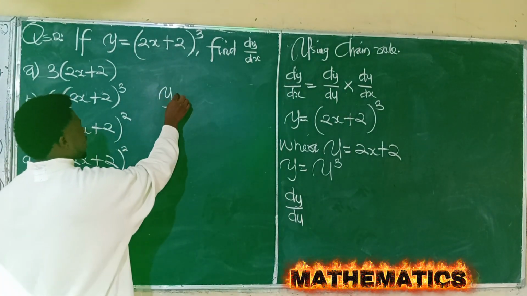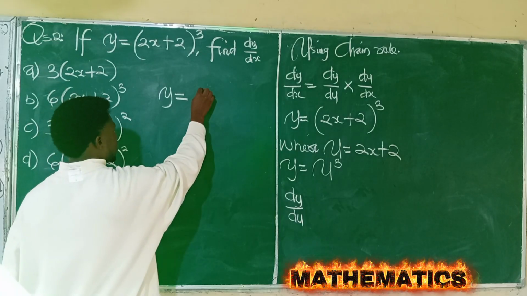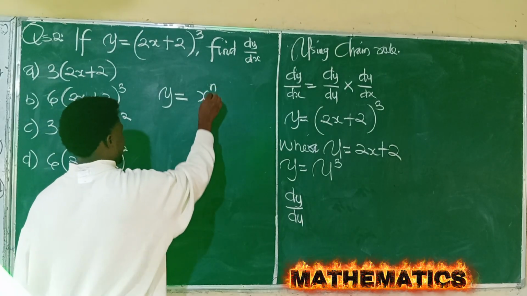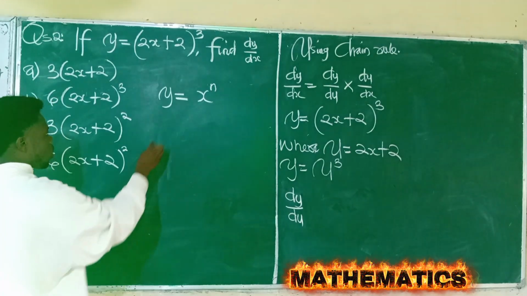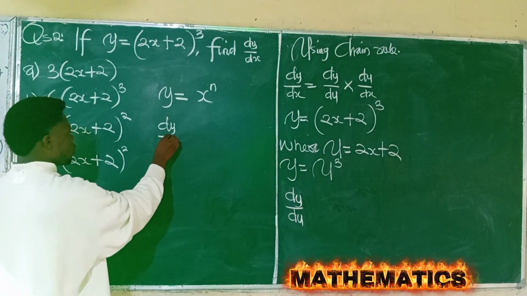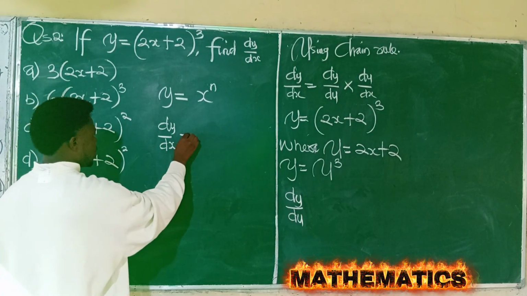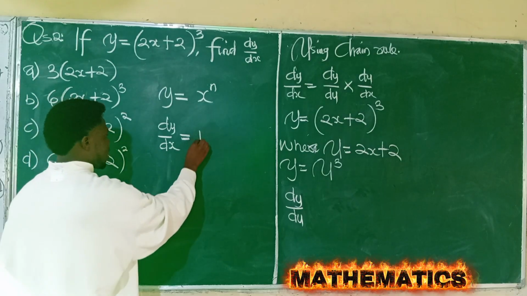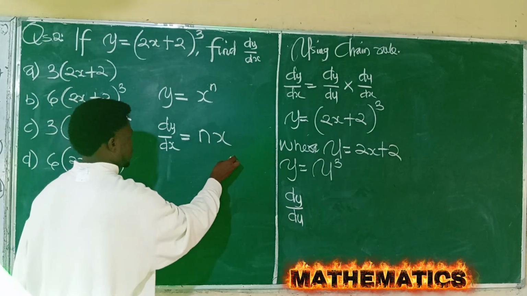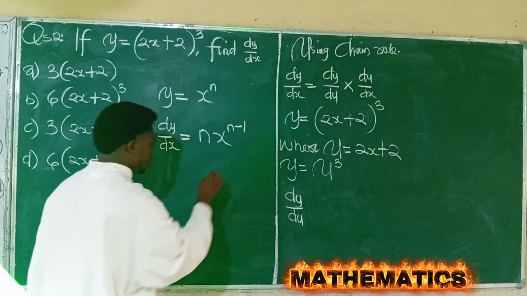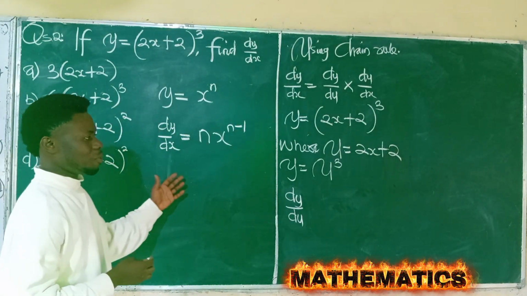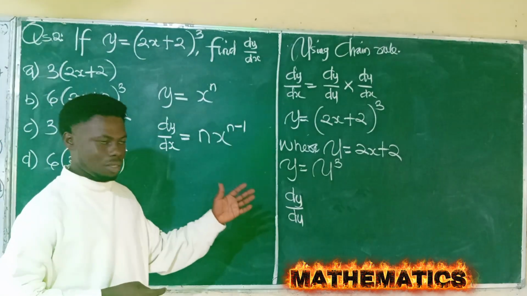If y is equal to x raised to the power of n, the derivative of y with respect to x, or dy over dx, is given as n x raised to the power of n minus 1. So we are going to apply this principle here.